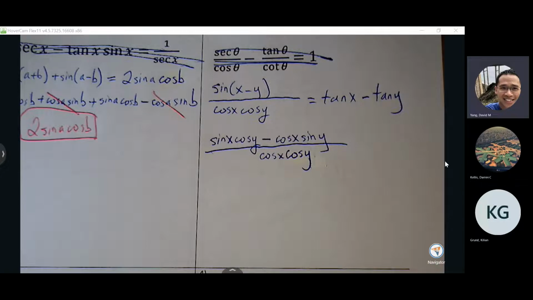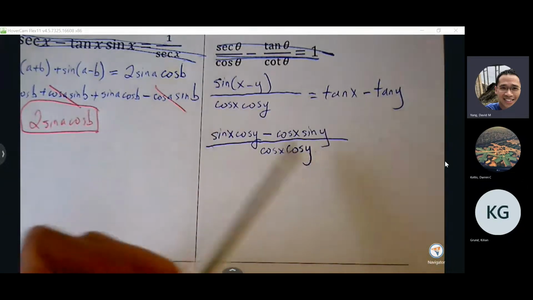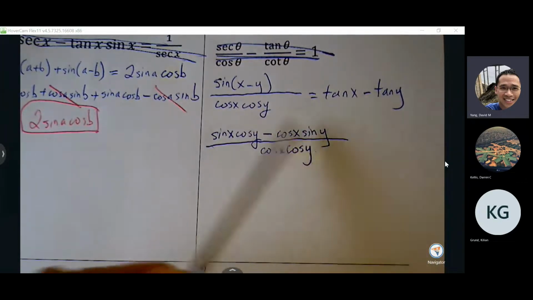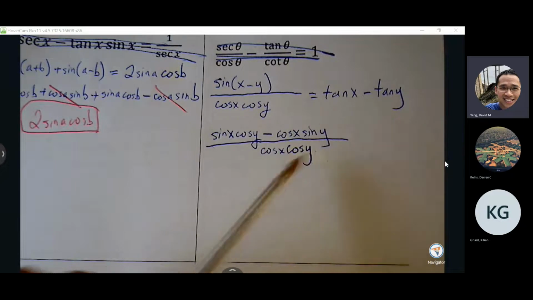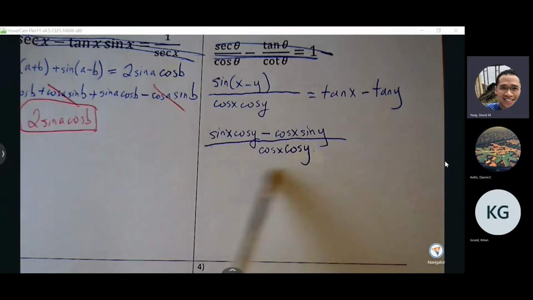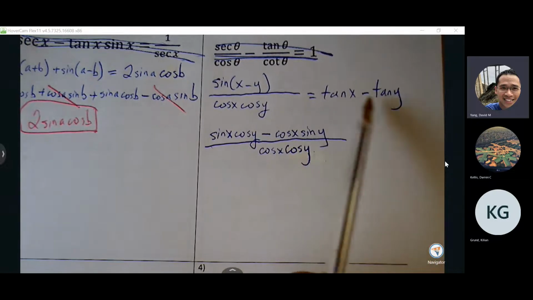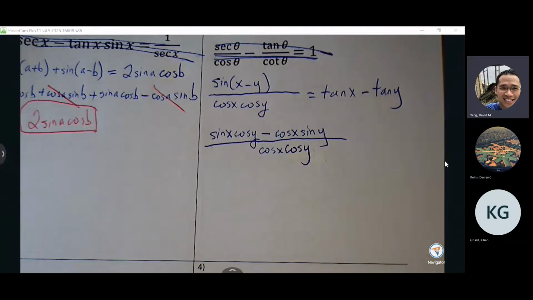Good. Part of the thing that we have to be careful about, or be able to do, is get to that point, right? How do I know when to split a fraction, and when to combine a fraction? The hint is that this is messy, but this is one fraction, and I'm trying to end up with two terms. So anytime you see one fraction and you're trying to get it into two terms, that's the hint. Split into individual fractions, and that should help you move closer.